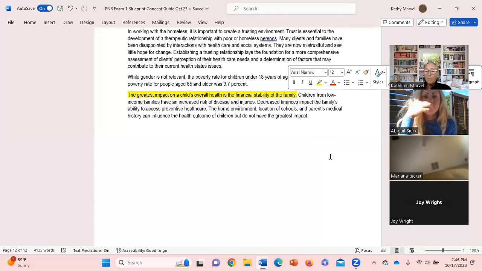But the financial stability of the family has the greatest impact on a child's overall health status. I saw this in the schools day after day after day. So true.